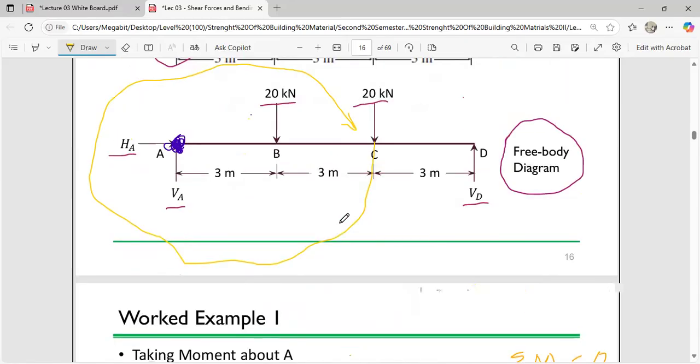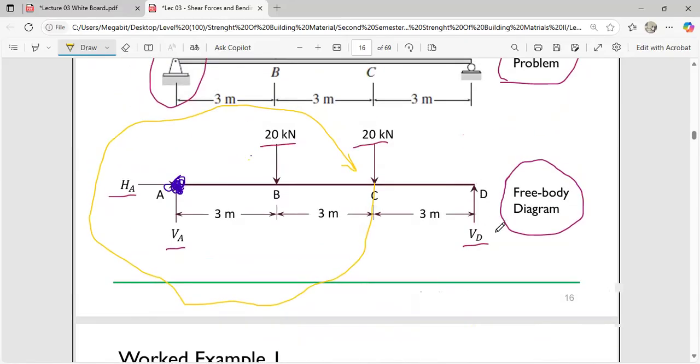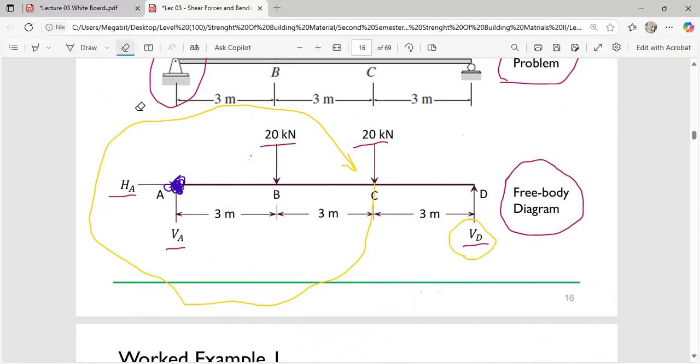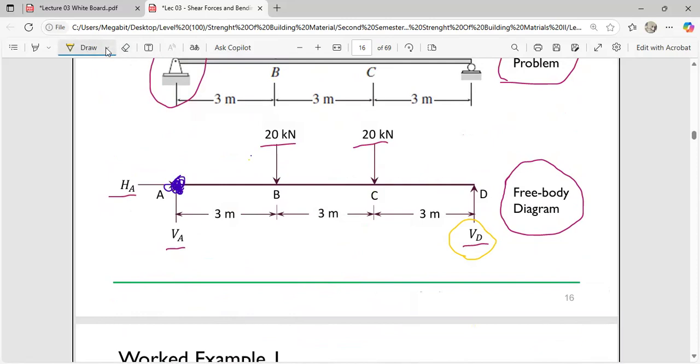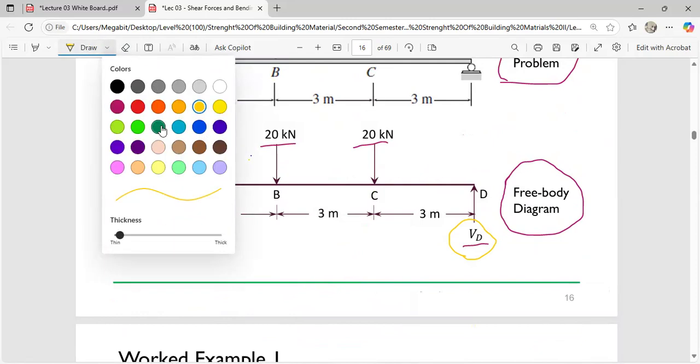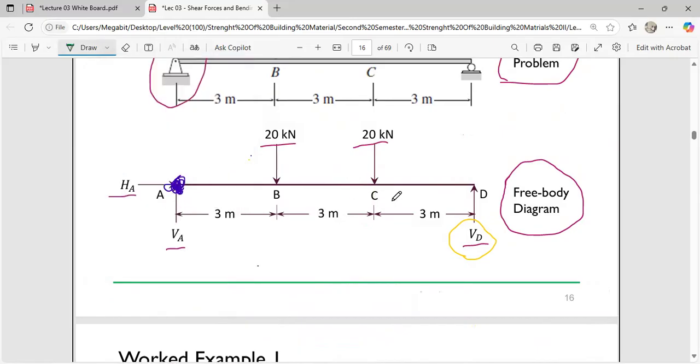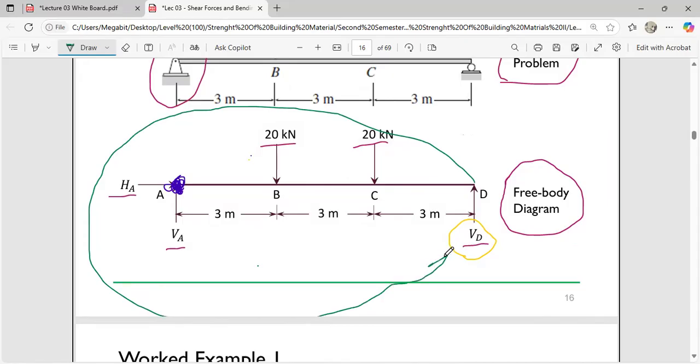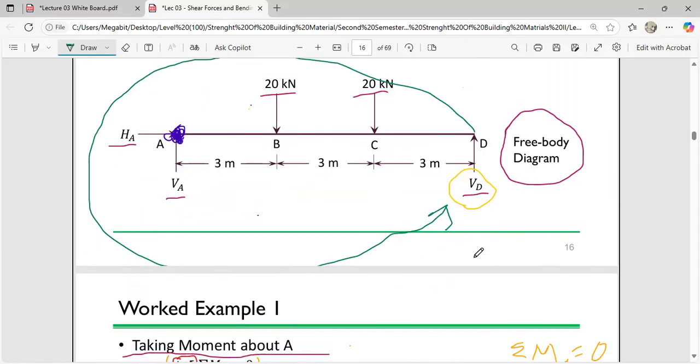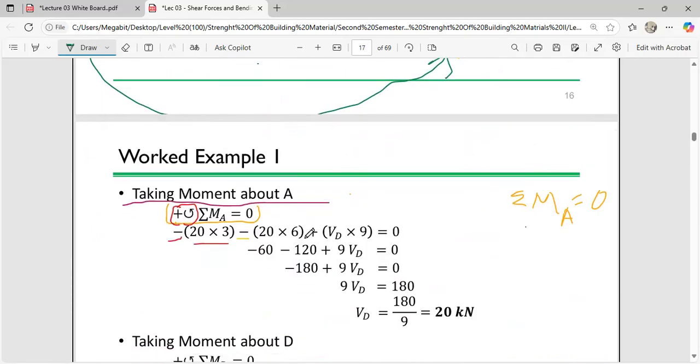Then what is left? You realize that we also have a different force over here, but this is unknown, and this is what we're actually looking for. If we stand at A, because your origin is still at A, and then you move following the direction of this, you realize that you are going to perform an anti-clockwise movement, and we say all anti-clockwise movements should be positive. So this is going to become plus.